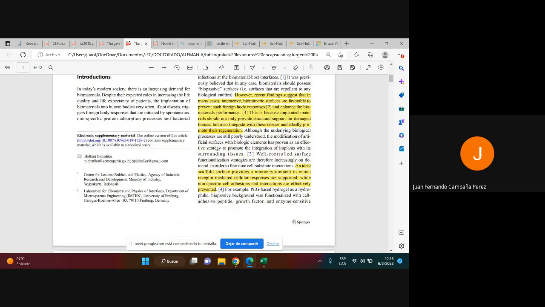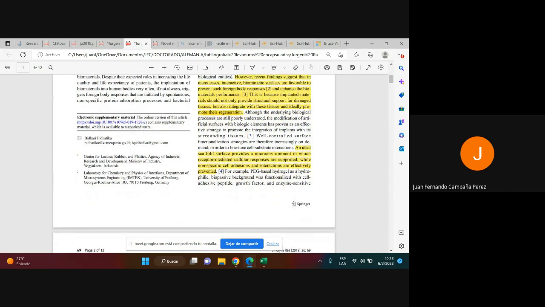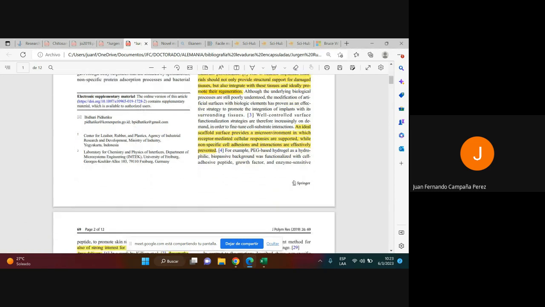The use of these particles suggests that in many cases interactive and biomimetic surfaces are favorable to prevent foreign body responses and enhance biomaterial performance, because implanted materials should not only provide structural support for damaged tissues, but also interact with these tissues and ideally promote their regeneration.